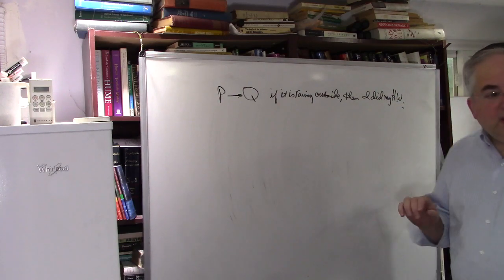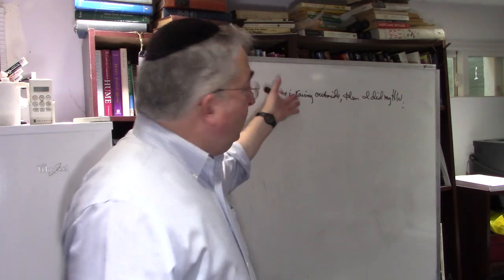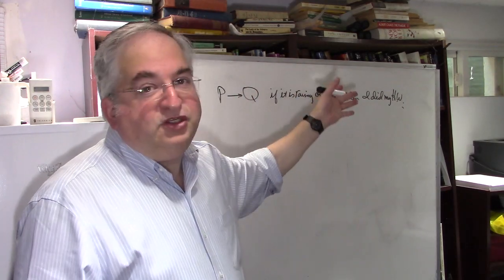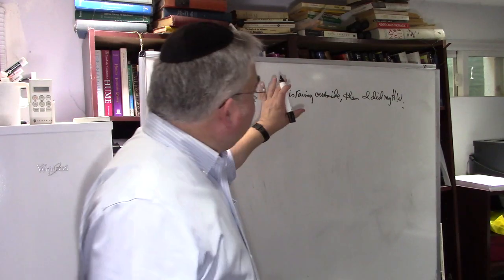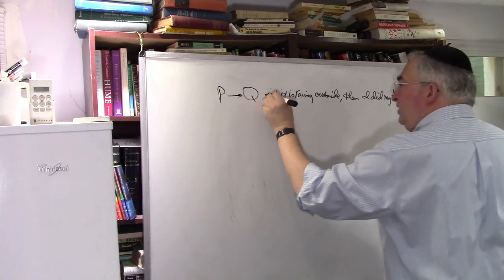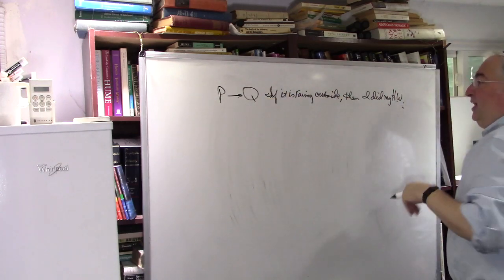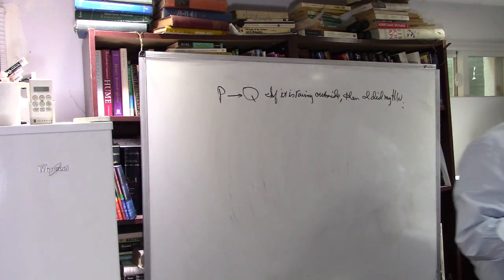Now, that might be true, might not be true. Usually, whether it's raining outside or not has nothing to do with your homework. But we're making a statement here, and we want to know, does this statement imply this statement? If it is raining outside, then I did my homework, yes or no? We're going to have a lot of examples of this.